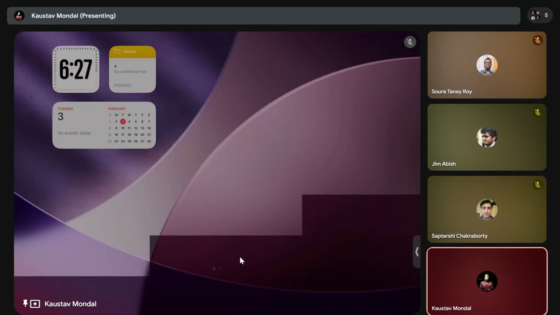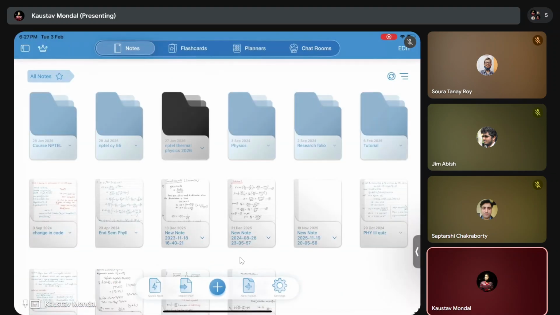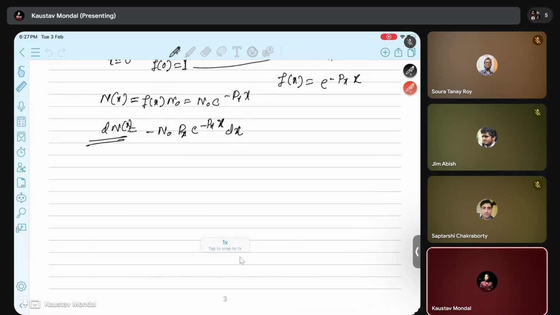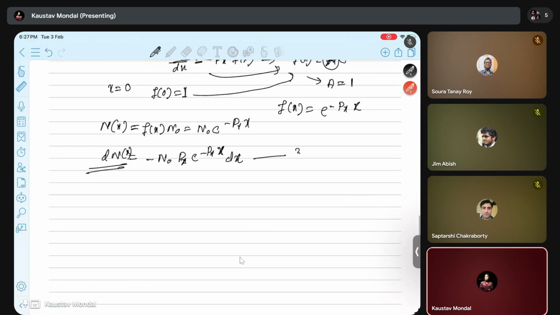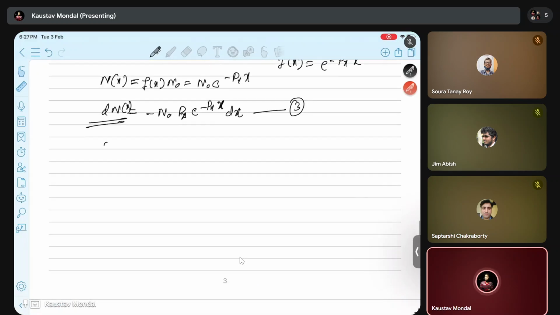Now if you put equation 3 in equation 1, you will get lambda equal to 1 by n0, integral from 0 to infinity of n0 x e to the power minus P(x)x dx.